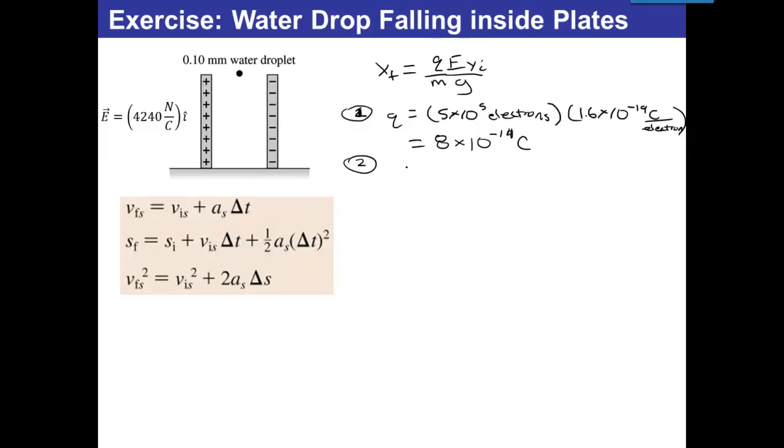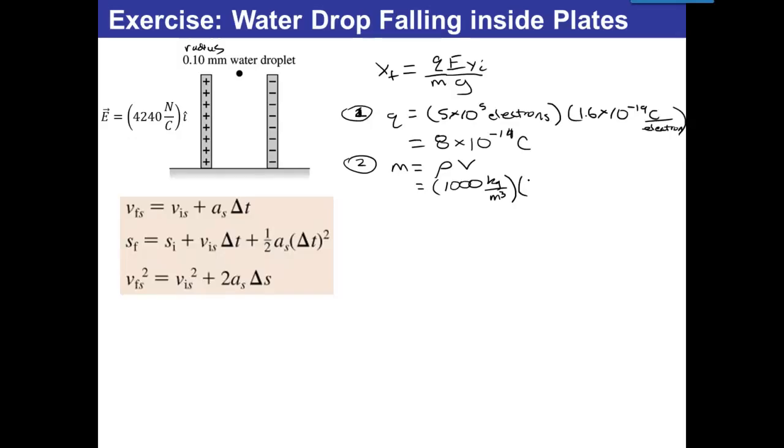What else? We need to get the mass. What's the mass of that? Well, if I know the density of the particle times its volume, right? We're told it's a 0.1 millimeter diameter water droplet, or radius. I think it's a radius. Then we can calculate the mass. You can look up the density of water. It's 1 gram per cubic centimeter, which is basically 1,000 kilograms per cubic meter.